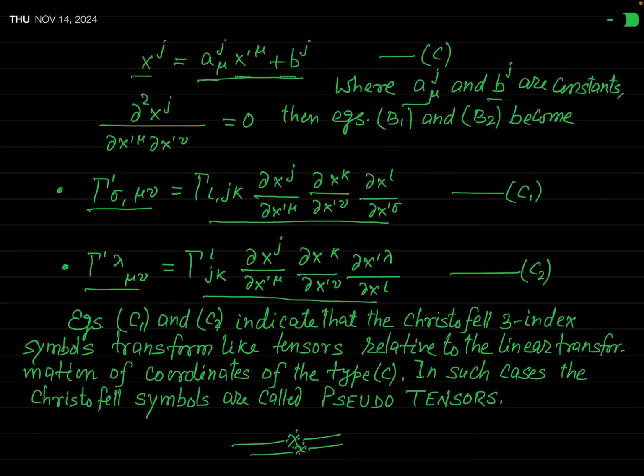But only when you talk about the linear transformation which I have defined in this equation C. So you can say that these two equations C1 and C2 indicate that the Christoffel 3-index symbols transform like tensors relative to the linear transformation of coordinates of the type C. And actually in this condition, the Christoffel symbols are called pseudo tensors, not tensors but pseudo tensors.